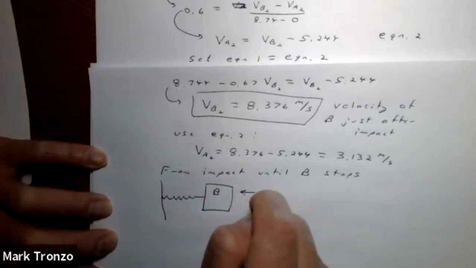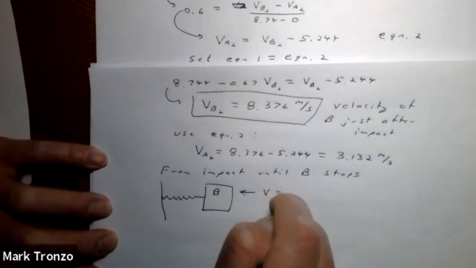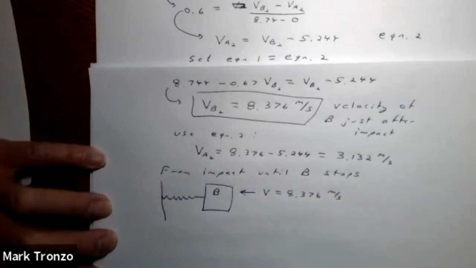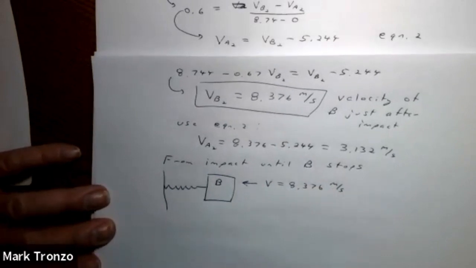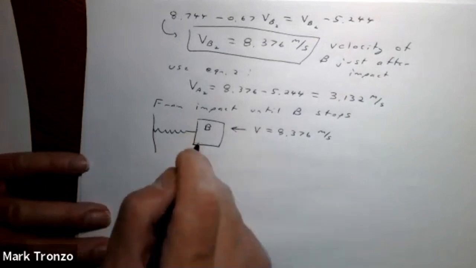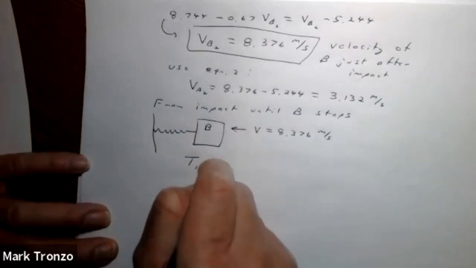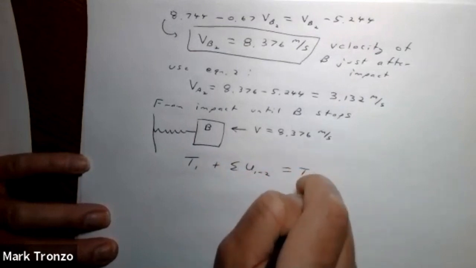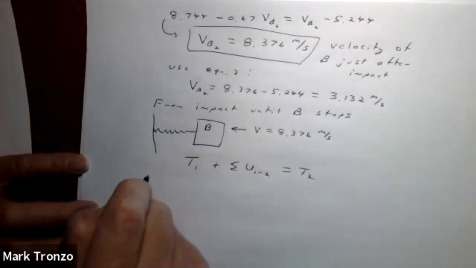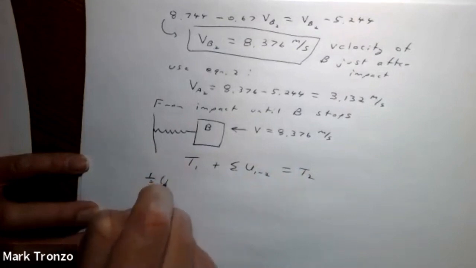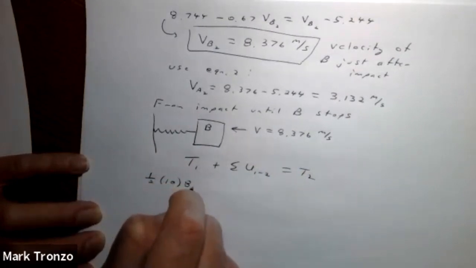B is moving at 8.376 meters per second. And so once again, since we have a spring, we can use work energy again. T1 plus the sum of U1 to 2 is T2. And at the beginning, it's moving at 1/2 mv squared.